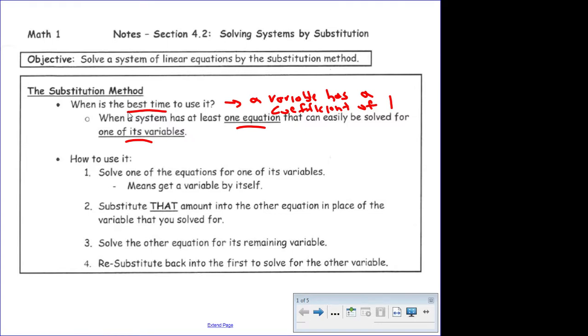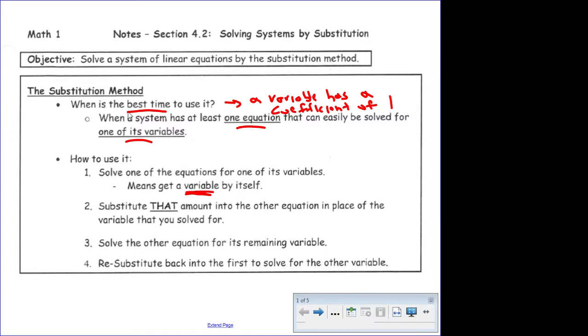I don't really want to go through these steps. I'm going to read through them quickly, but you won't remember them, so we'll do them as we do the examples. The first step is solve one of the equations for one of its variables, like get the variable by itself.